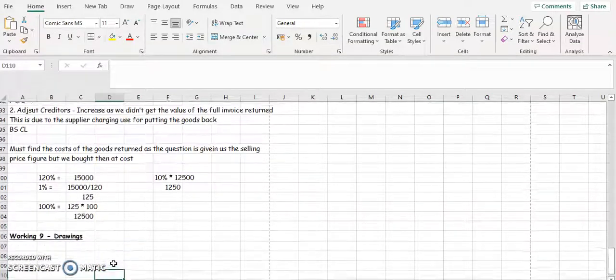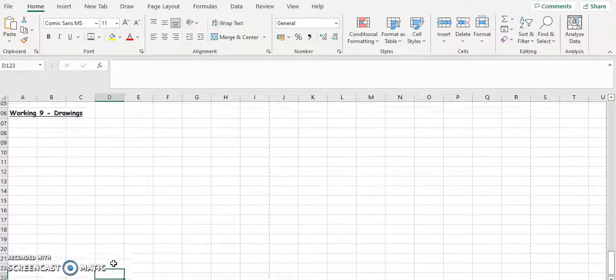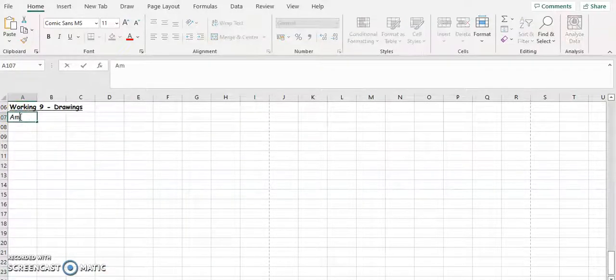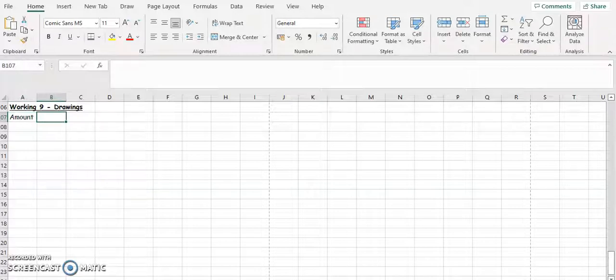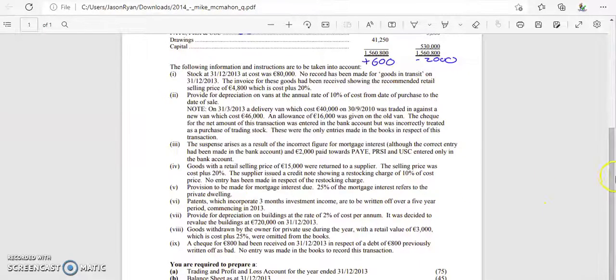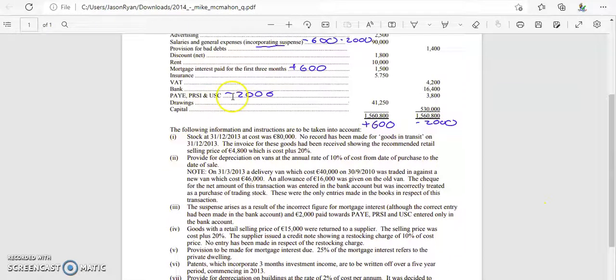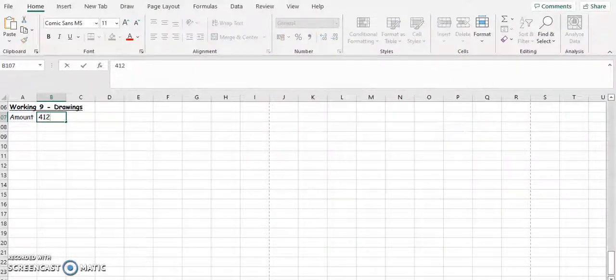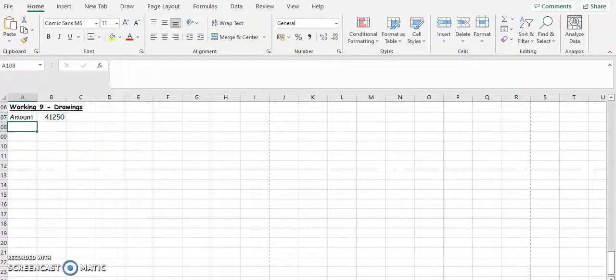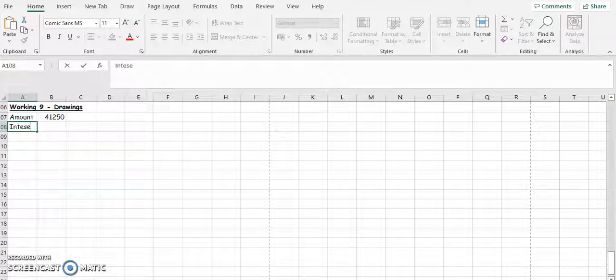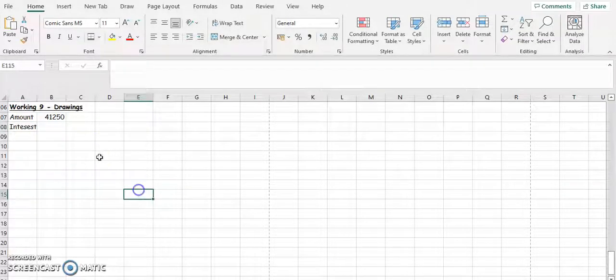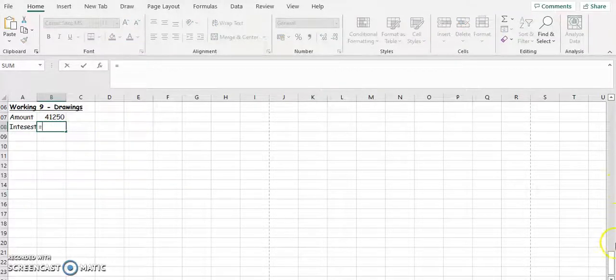So down here we're going to have drawings. The amount is going to be taken from the trial balance. So let's have a look and see how much our drawings are. Drawings are 41,250. And then the interest, just where we're getting that from, was 2,000 and something.